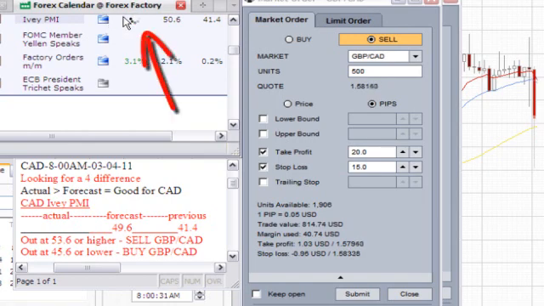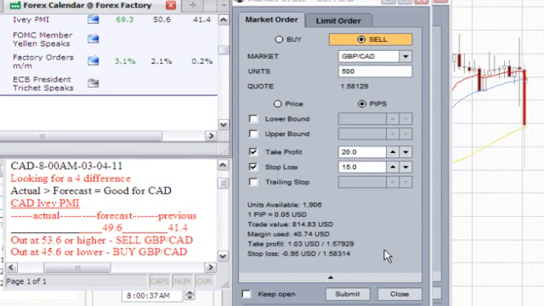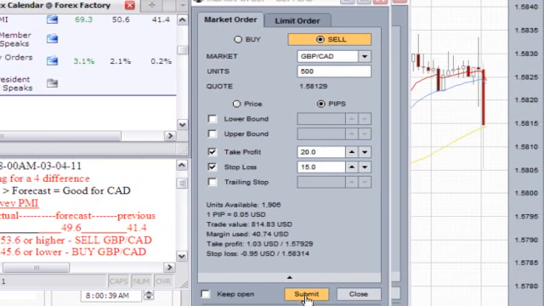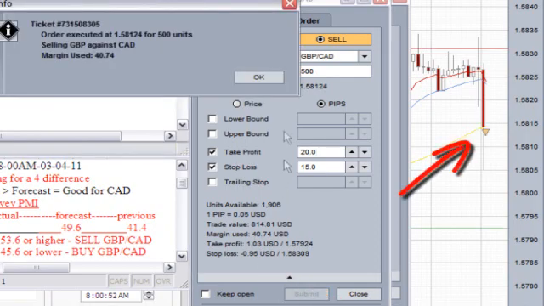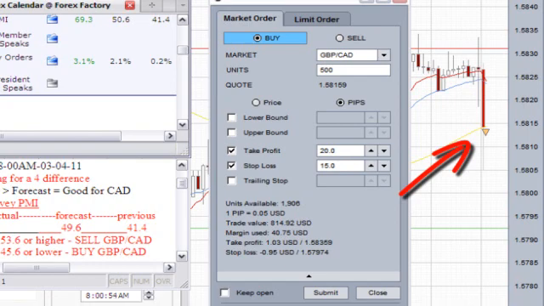In this case, the actual report came out higher than the revised forecast by 18.7 and higher than the trigger point by 15.7. This report was good for the Canadian dollar, so I decided I will execute a buy of the Canadian dollar and sell the British pound. The broker spread is decreased. There, I have entered my first trade.